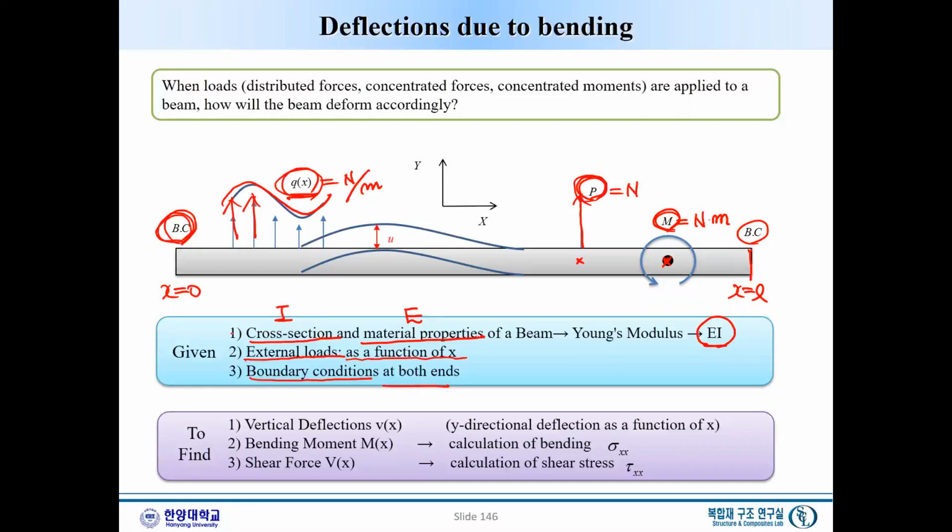Please remember this. To solve this beam problem, we always need EI, the cross-sectional bending moment of inertia and material property, boundary conditions at both ends, and the external load we need to apply. And of course, for the beam configuration, we need the length L.